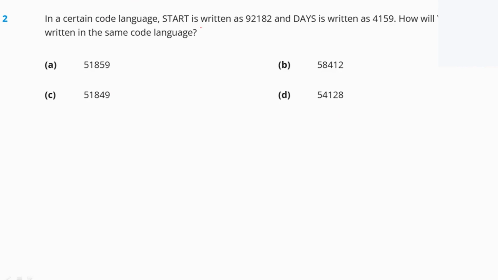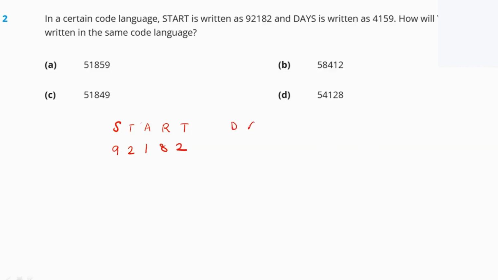If in a certain code language start is written as 92182 and days is written as 4159, how will yards be written in this code language? First of all, you have to write down the word, and then at the bottom, you write down the numbers related to it. So first you write down start, and then 92182.